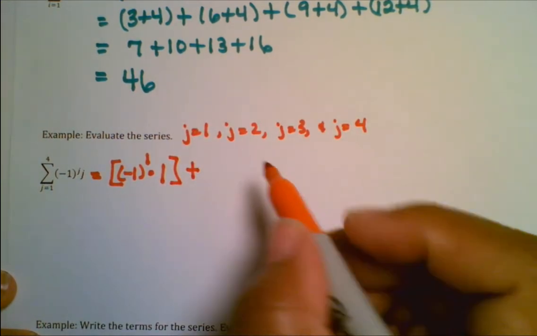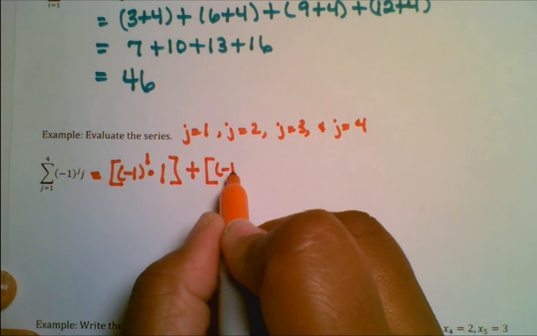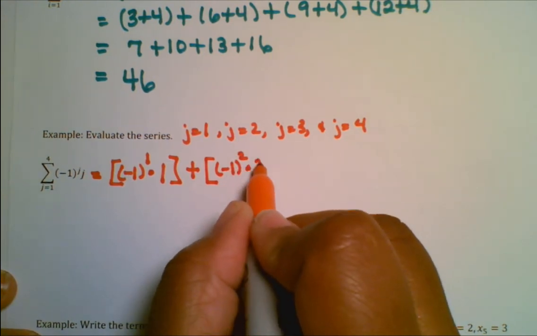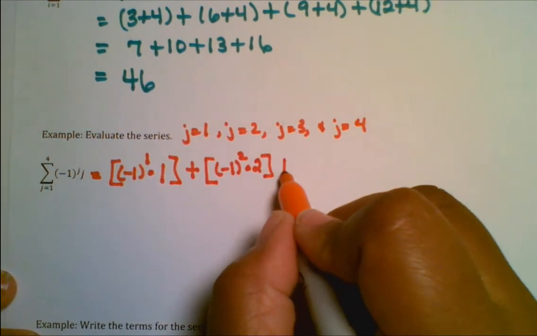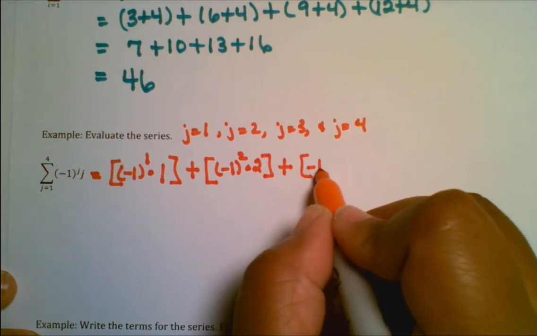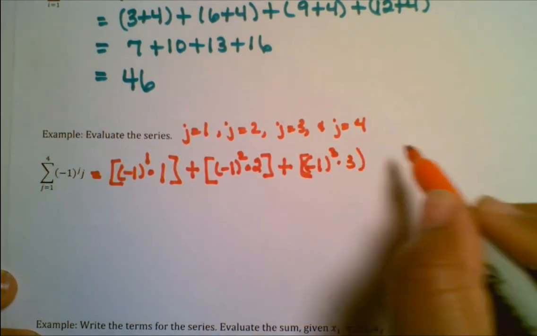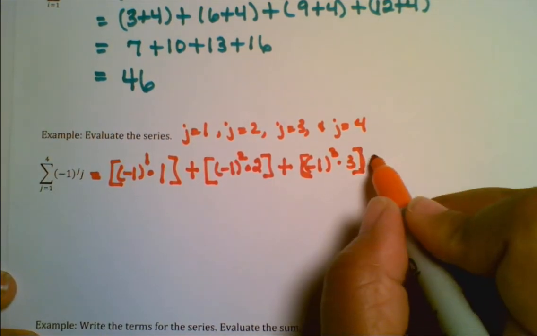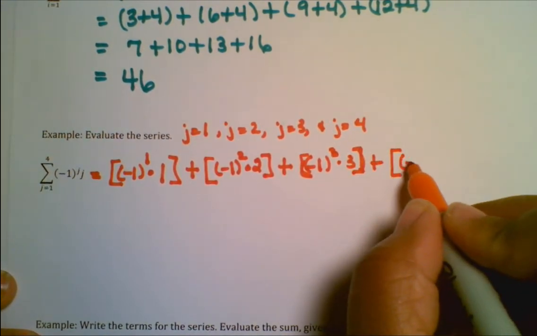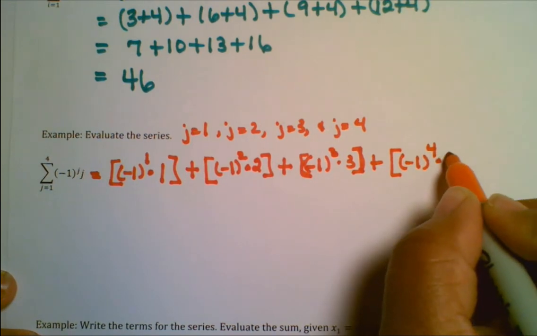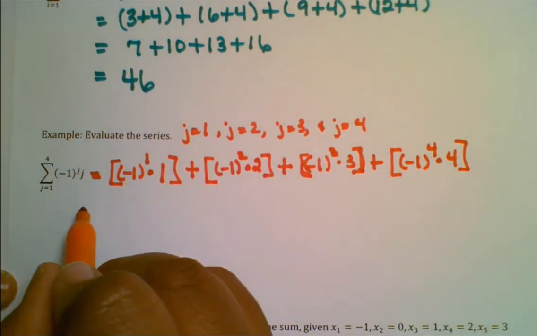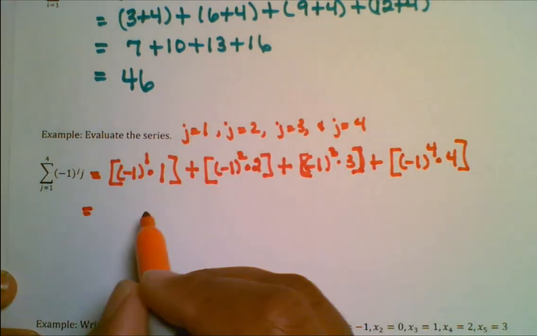Plus, we have the quantity of negative 1 squared times 2, plus the quantity of negative 1 cubed times 3, plus the quantity of negative 1 to the fourth times 4. And let's simplify each of these.